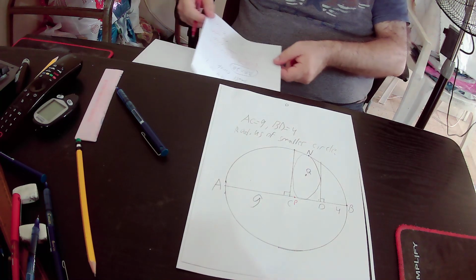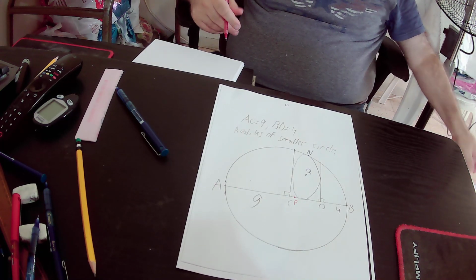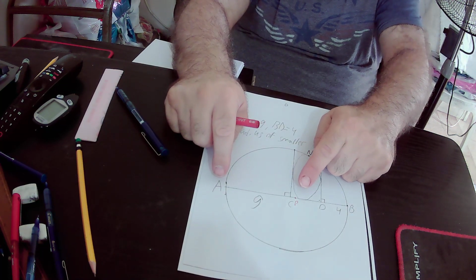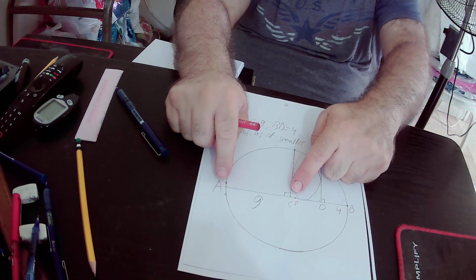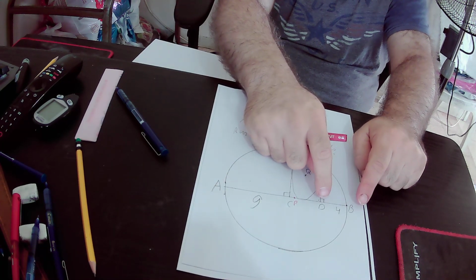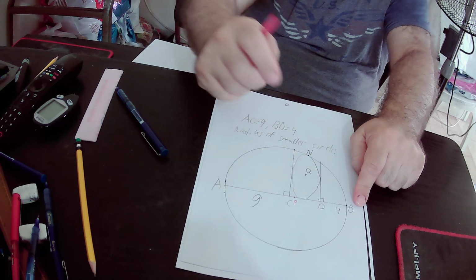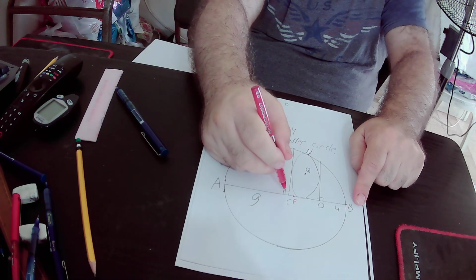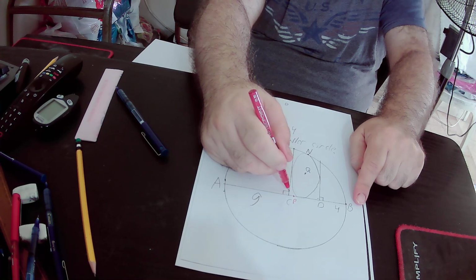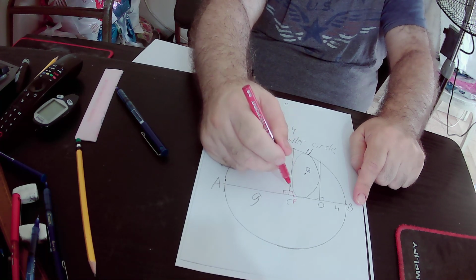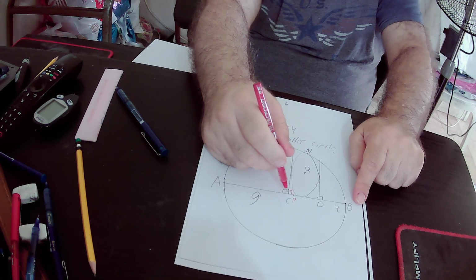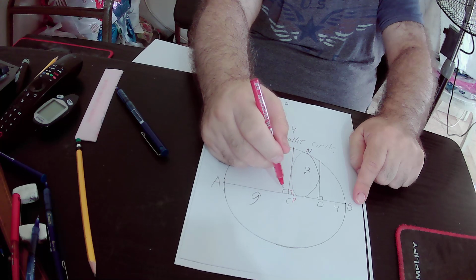Okay, and we also know that line segment AC equals 9 units, line segment BD equals 4 units. This is a right angle, so actually this angle is also a right angle, because the sum of the angles in any straight line is equal to 180 degrees.